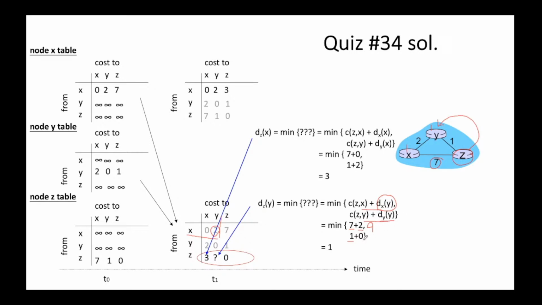And hey, it's itself, so Y to Y, the cost is 0. So this other path going through Y gives us only path cost 1, therefore going through Y gives us the shortest path from Z to Y, and therefore we update the entire DV, which is now 3, 1, 0.